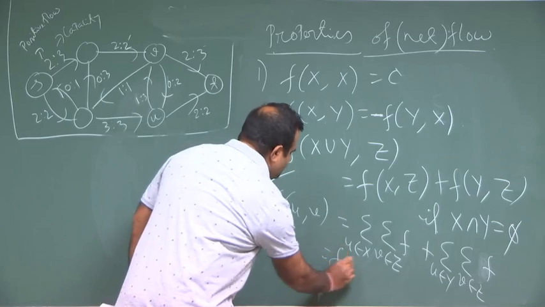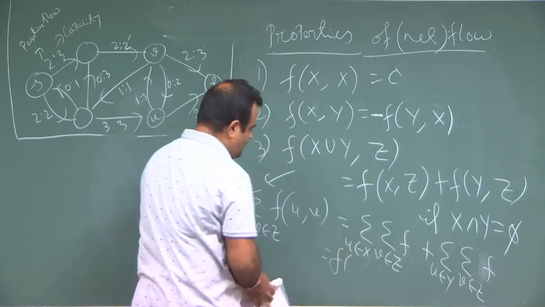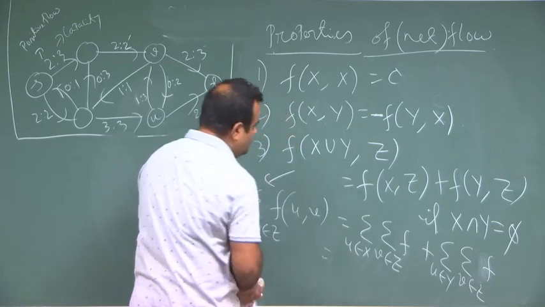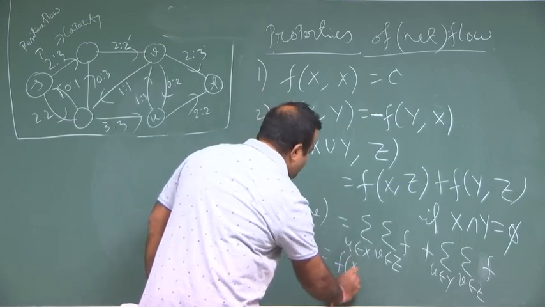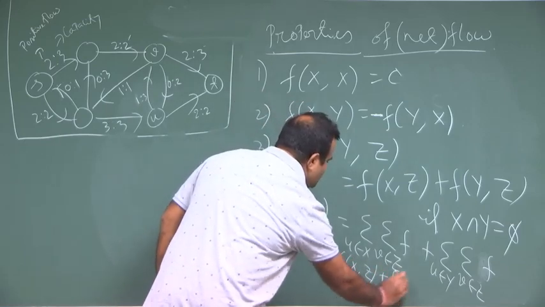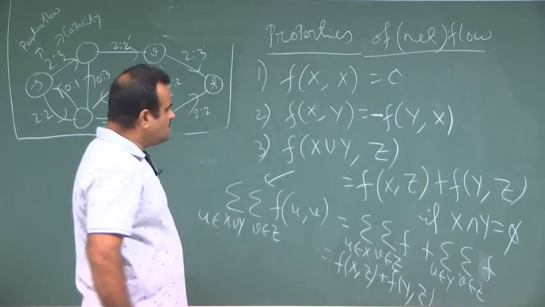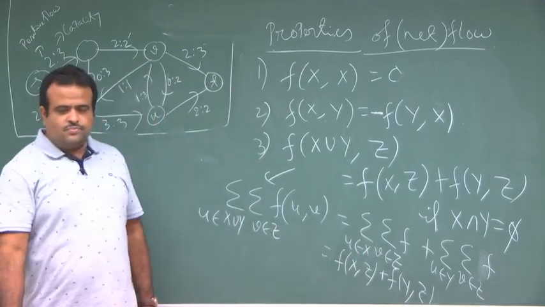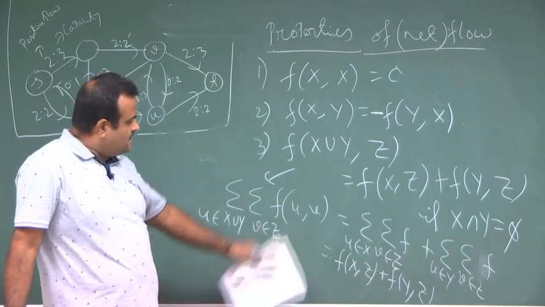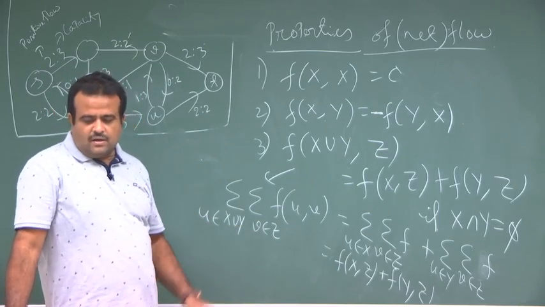So this is nothing but f of x comma z plus f of y comma z, and this is true because they are disjoint sets.